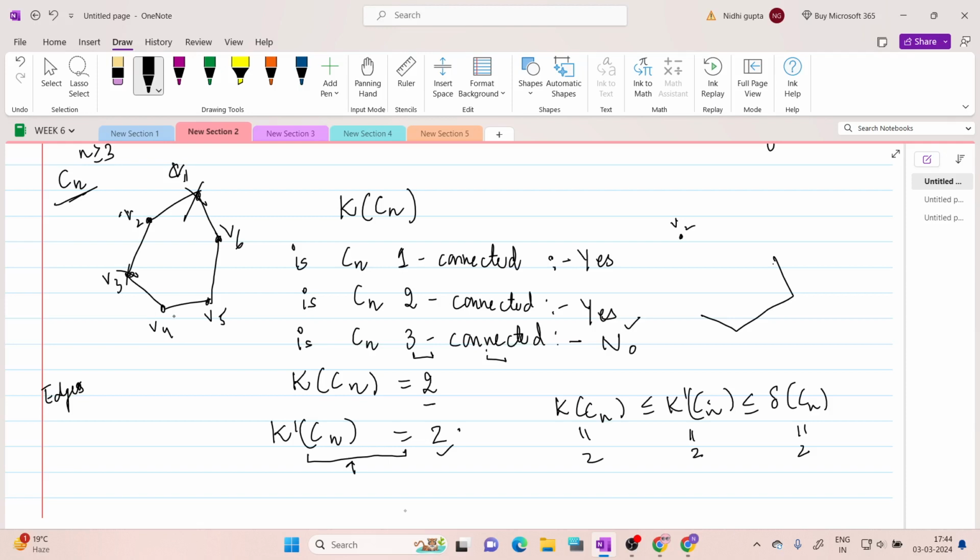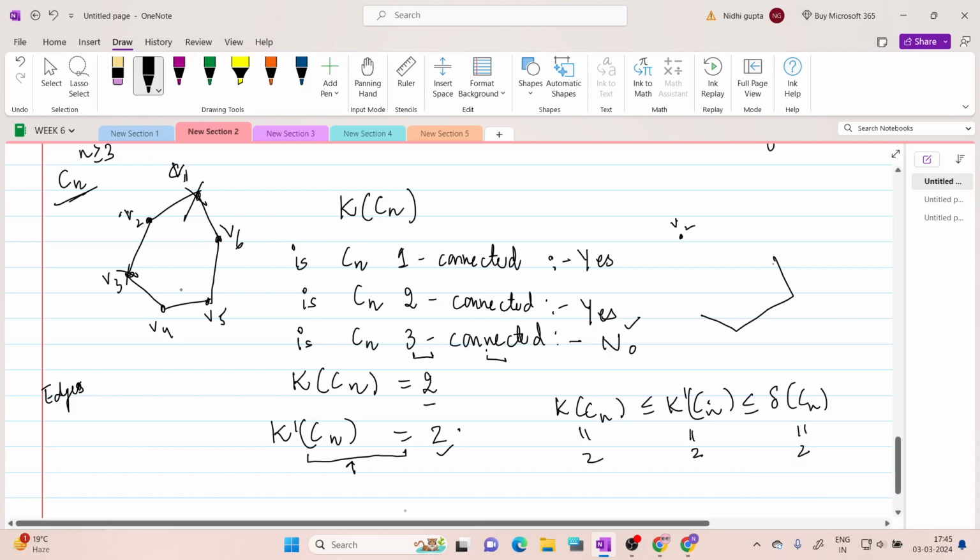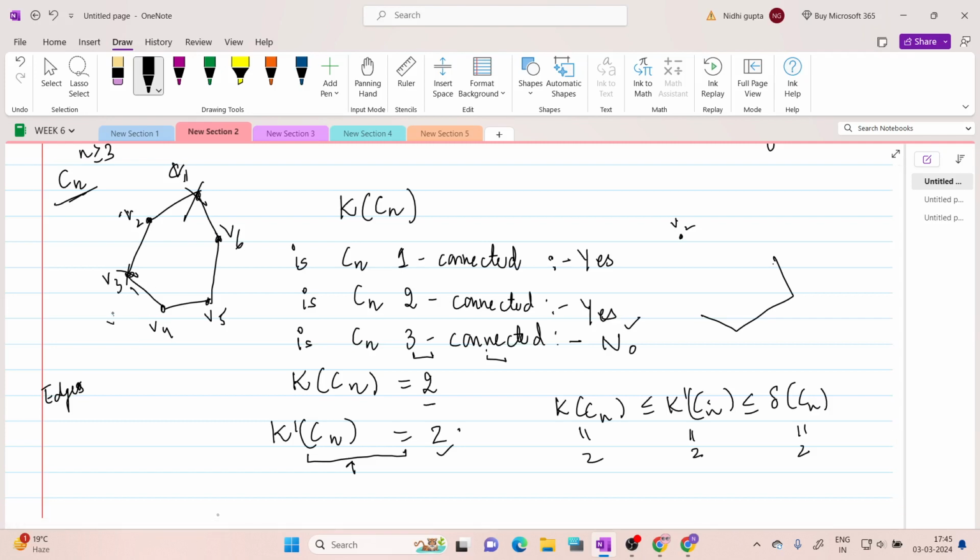So what are the 2 edges which make this graph disconnected? You can cut any two parallel edges, any 2 disjoint lines, basically. If we remove any 2 adjacent lines, then this won't work. So suppose we remove this line and this line, then the resultant graph is V2, V3.